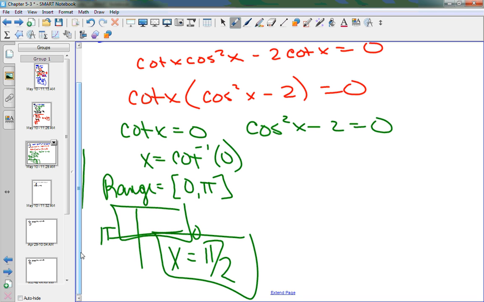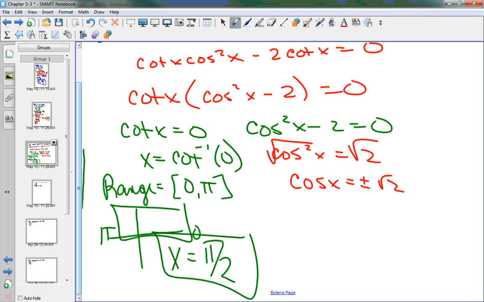I have to solve this cosine squared of x minus 2 is equal to 0. What do I do? Add 2. Cosine squared of x is equal to 2. Square root. Cosine of x is equal to plus or minus the square root of 2. Is square root of 2 in the range from -1 to 1? Did anybody here know that decimal memorized?